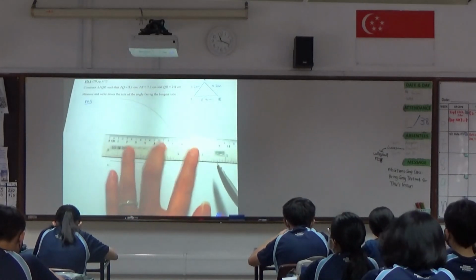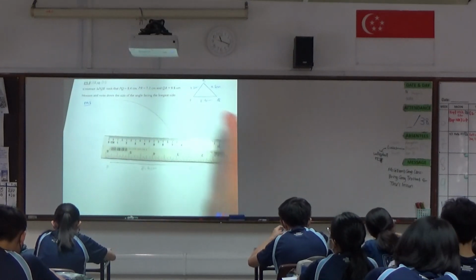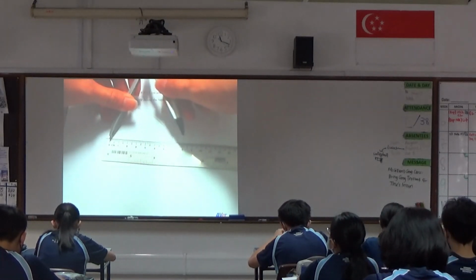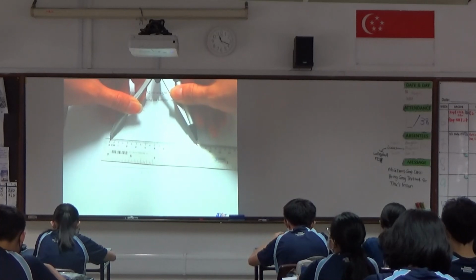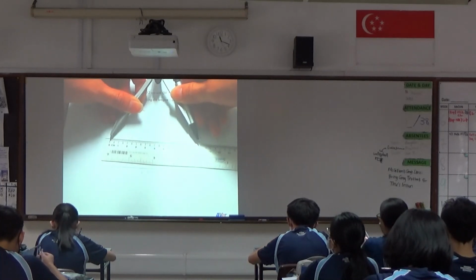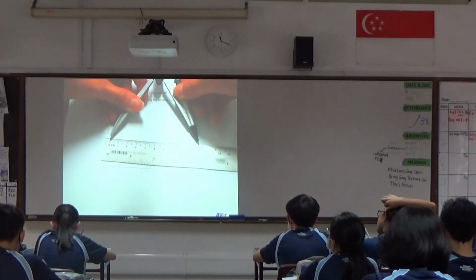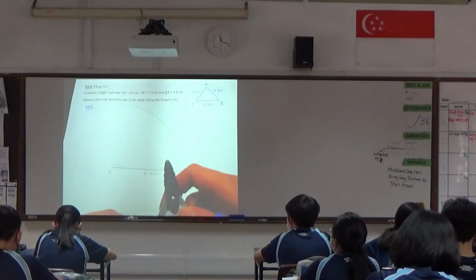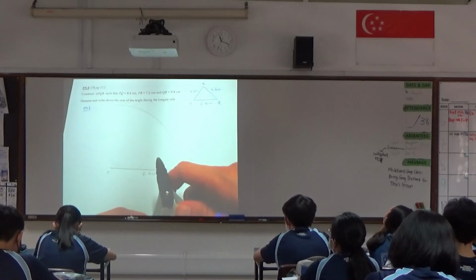Then after that, we go in and measure out 9.8 cm. So I adjust my compass, 9.8 cm. So I think I have 9.8 cm here. Sorry, let me just do this better.